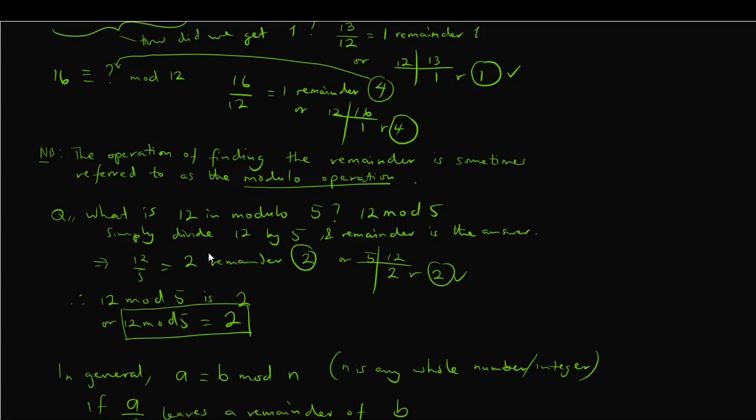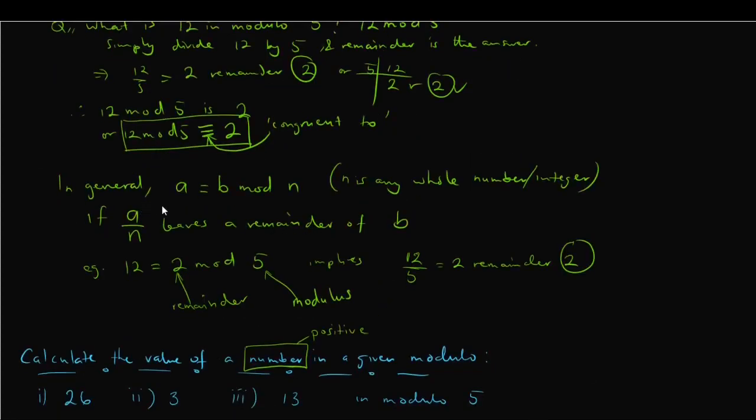Now take note again, we don't say equal to, we say congruent, which is why in this lesson we want to use the congruency symbol rather than the equal to symbol. So let's remind ourselves that this is read as 12 mod 5 is congruent to 2. Good.